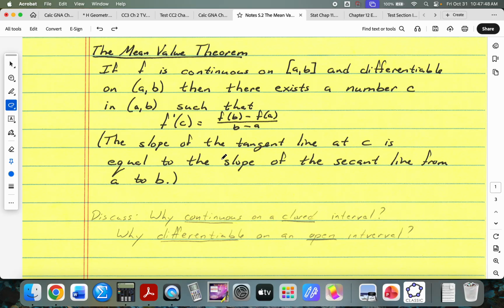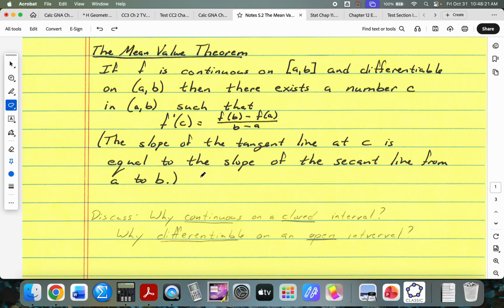Then there exists a number c in the open interval from a to b such that f prime of c, that is the derivative, the slope of the tangent line, is equal to f of b minus f of a over b minus a, which is the slope of the secant line. So when they say slope of the tangent line, that's f prime of c. And this is the slope of the secant line. It's the average rate of change.